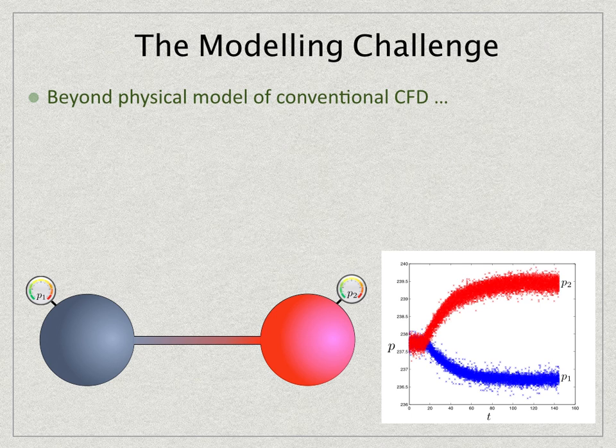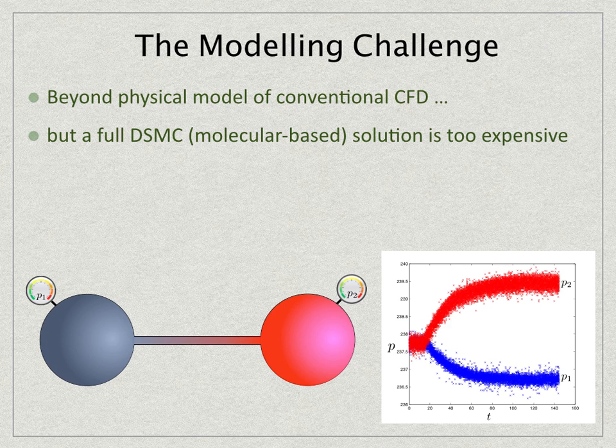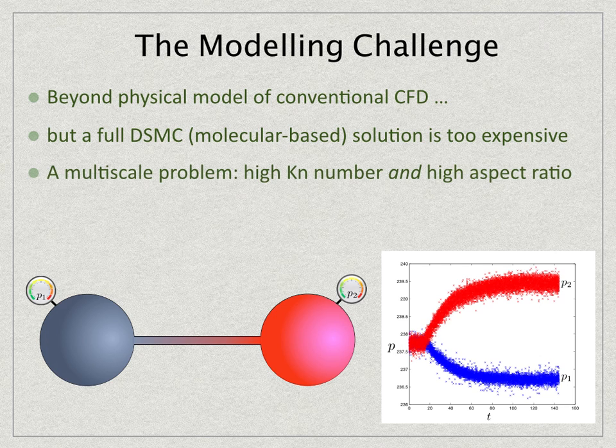Thermal transpiration is a non-equilibrium rarefied gas effect, and that's not something that Navier-Stokes and no-slip boundary conditions can capture. So that channel is too small. But on the other hand, a full particle or a molecular method which would be accurate is too expensive because the channel is too long. So we have a combination of it being too rarefied and too high aspect ratio.